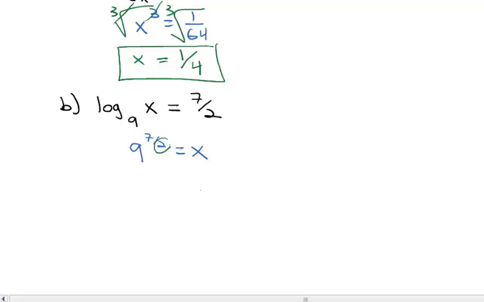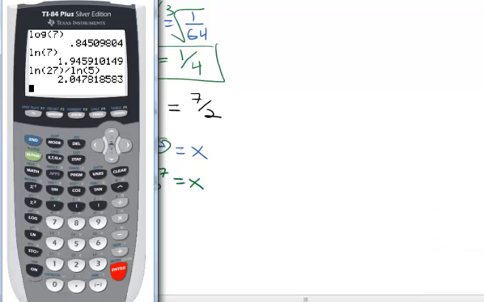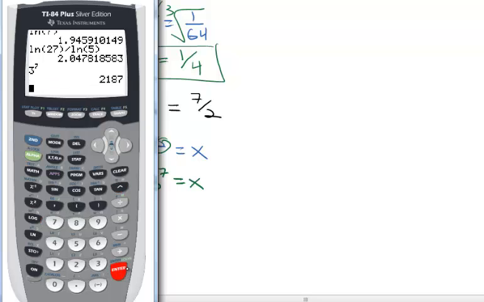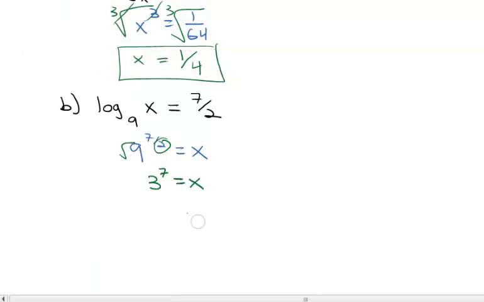Well, the half, that's like taking a square root of 9, so that's now 3 to the 7th equals x. And I'm going to cheat and go to my calculator to do 3 to the 7th power, because it's going to be huge. 2187 is equal to x.